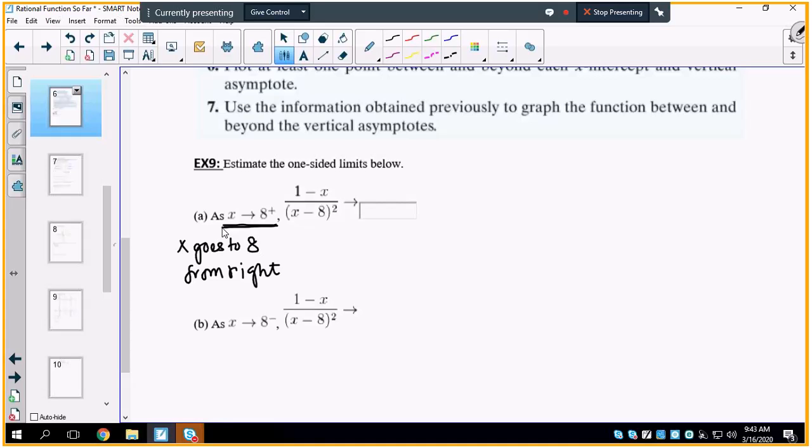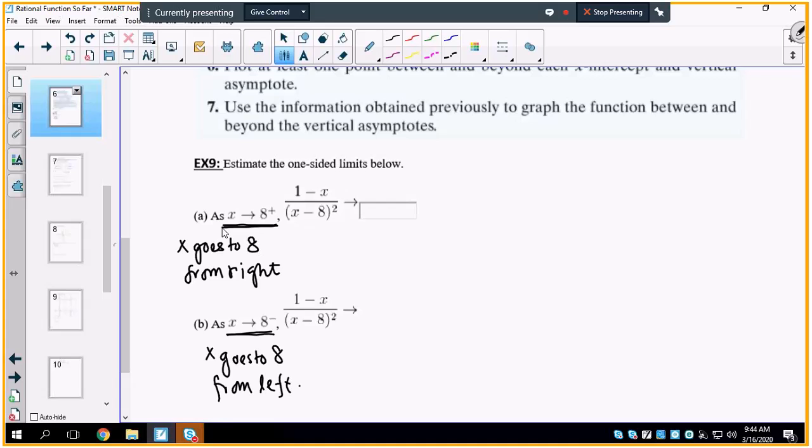So either I grow up without any bound or I decay without any bound. Which one is happening? Well, we will do the number line test and understand that. It's actually pretty simple. Whereas if I say x goes to 8 to the power minus, that means x goes to 8 from the left.